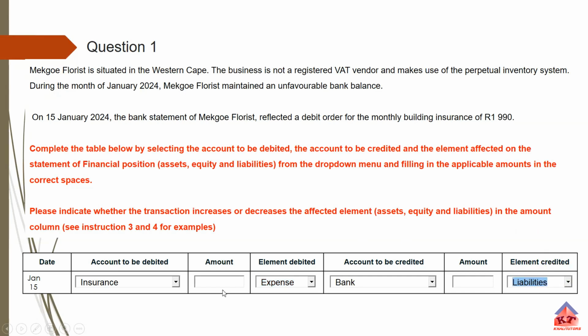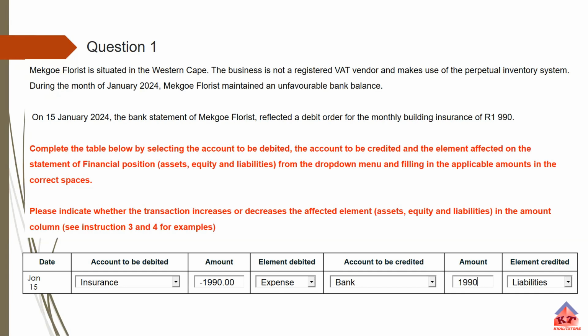In terms of the insurance amount, we are going to write minus 1,990 rands. But in terms of our liabilities, we know that our liabilities will increase. So we'll just write a positive 1,990.